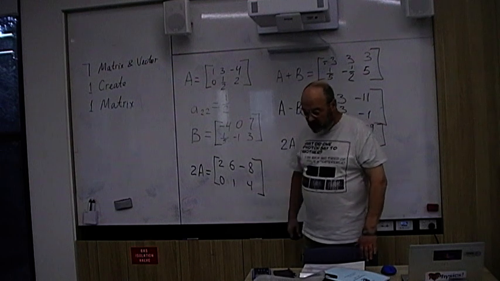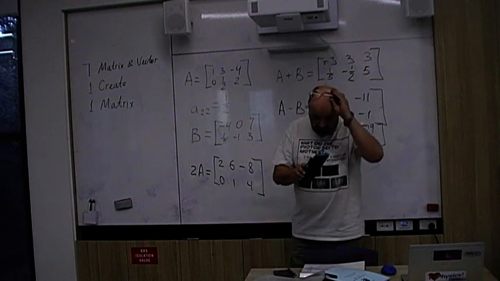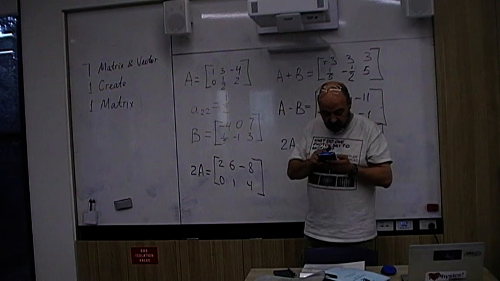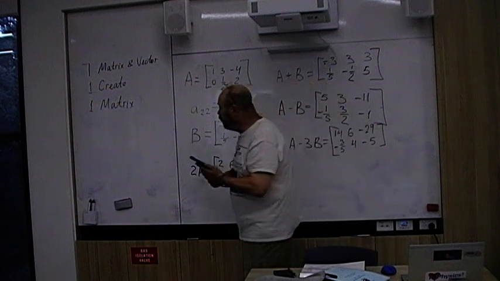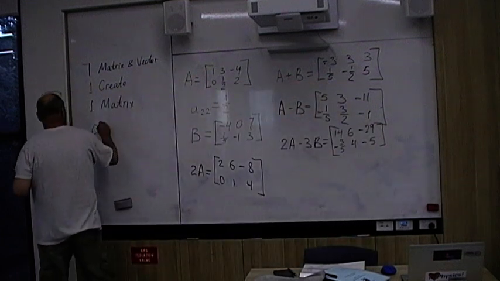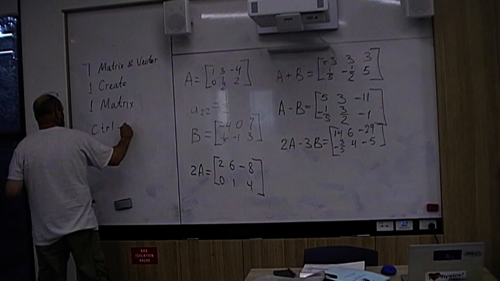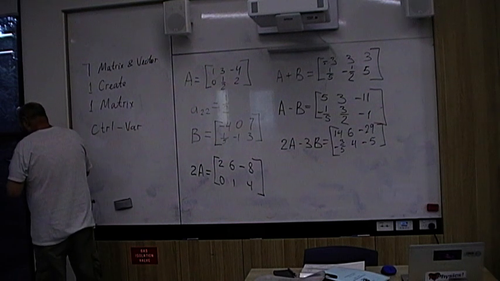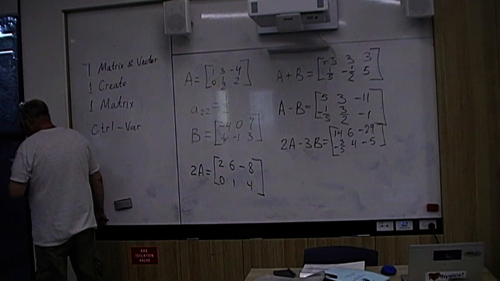So we create a matrix, then we need to give it some name. To give it a name, you press control variable, and let's say letter A, and enter.